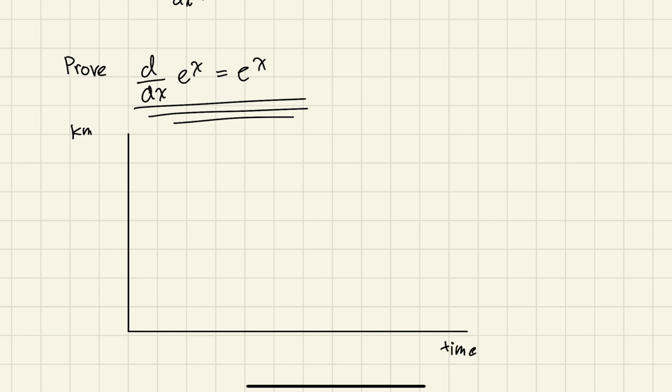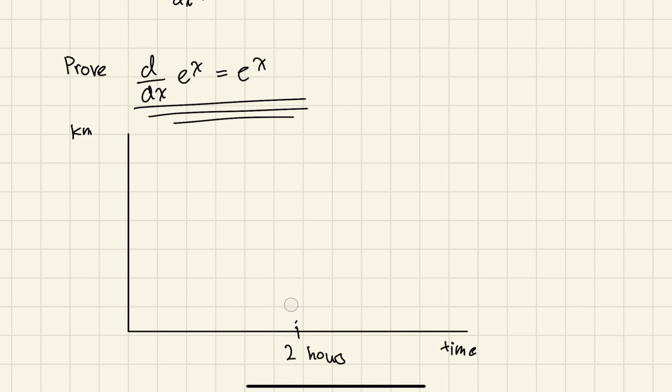And basically when you drive, you're going to be going fast and then slow and then fast again. And what the derivative basically tells you is that at this specific time, so let's say this is like 2 hours after you started driving, you're going at this specific speed, right? And that's what your speedometer tells you, okay?